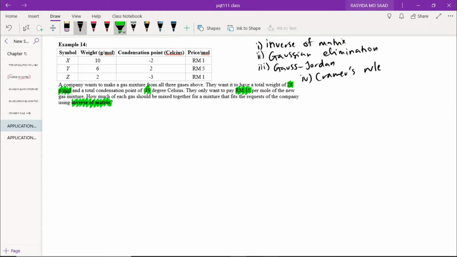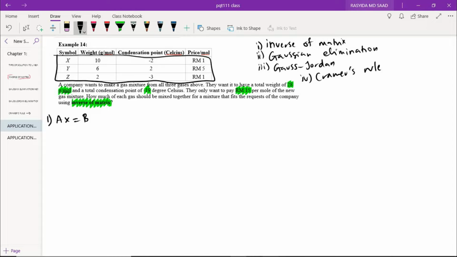For the first step in solving linear systems, remember, you need to form it into the matrix form AX equal to B. Before we can form this matrix form, first form or create a linear equation based on the information given.